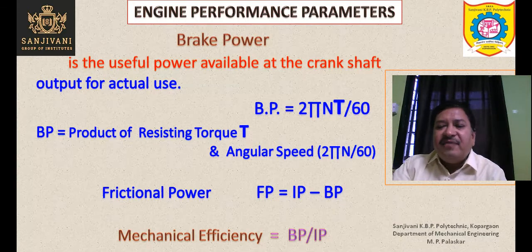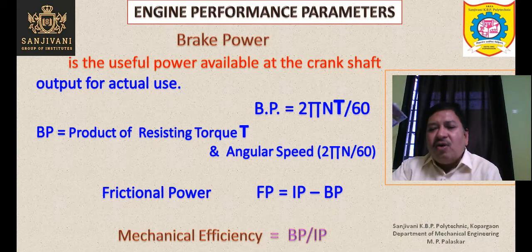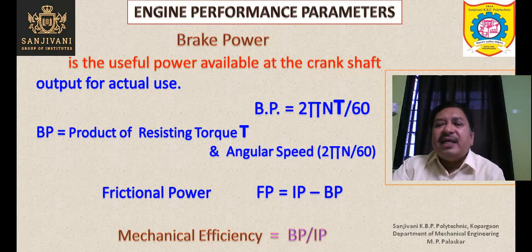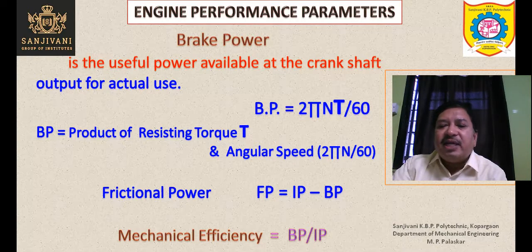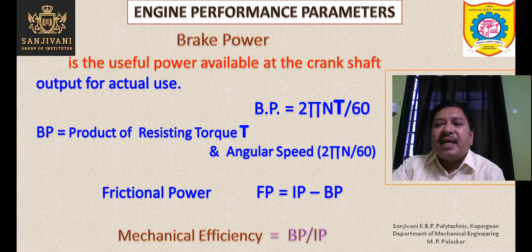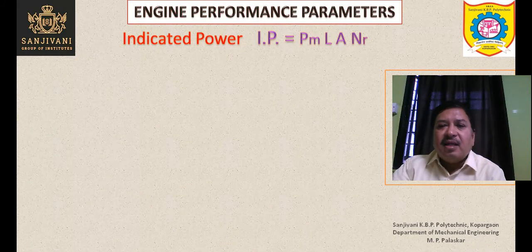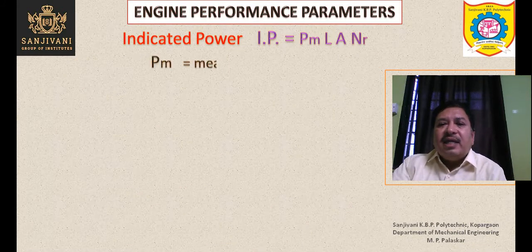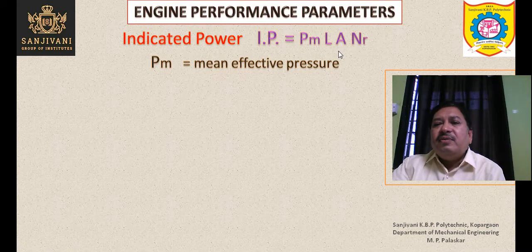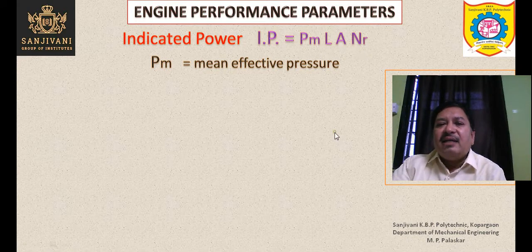Then the mechanical efficiency is the ratio of brake power and indicated power. So brake power upon indicated power is the mechanical efficiency. Again, the indicated power is equal to PM LA NR.